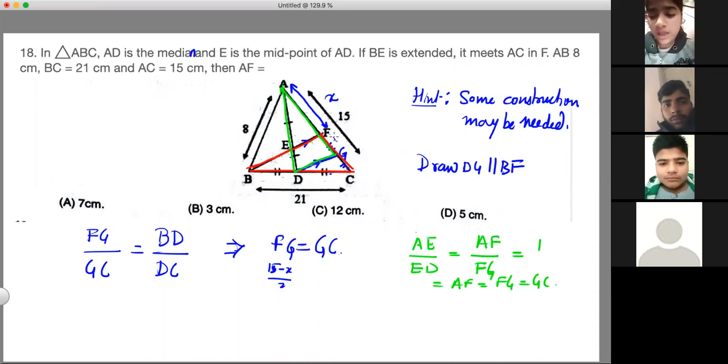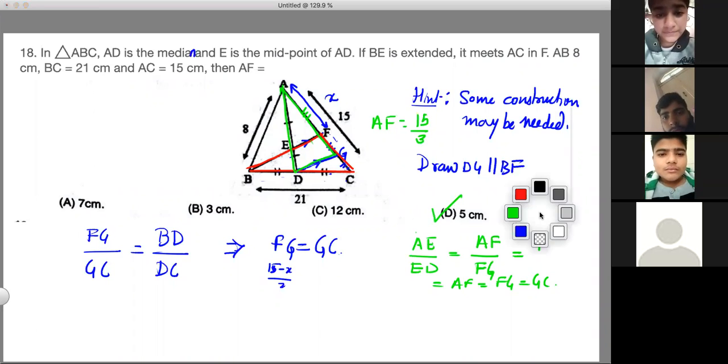So all these are equal, right? So FC is being trisected by F and G. So what is AF? AF is 1/3 of AC. So AF is equal to 15 by 3, which is equal to 5. So D is the answer. Understood?